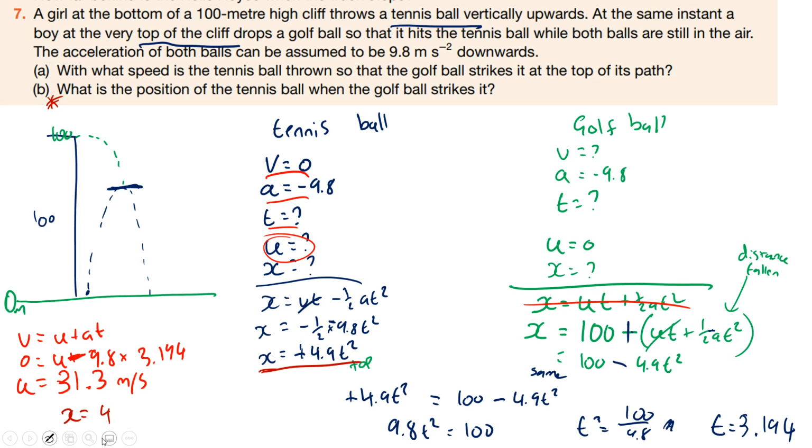X equals 4.9 times t squared, which is in this case 3.194 squared, 3.194 times 3.194 times 4.9 gives us around 50. So 50 meters. So that's actually this point here. So that's the point where the two things collide.